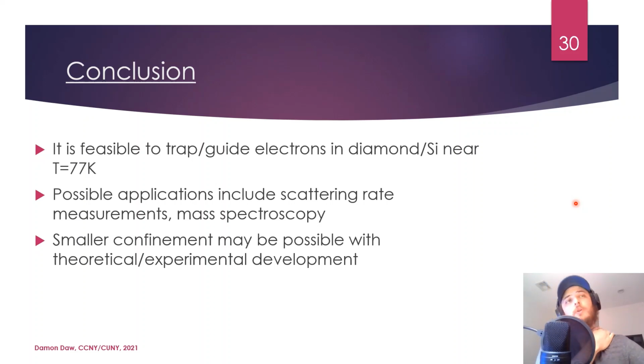So, in conclusion, we think it's going to be feasible to trap or guide electrons in, say, diamond or silicon at around 77 Kelvin. That's liquid nitrogen temperature. Some possible applications include measuring scattering rates or doing effective mass spectroscopy on the carriers. And we might be able to get even better confinement than we've calculated once we develop our theoretical and experimental understanding a little better.